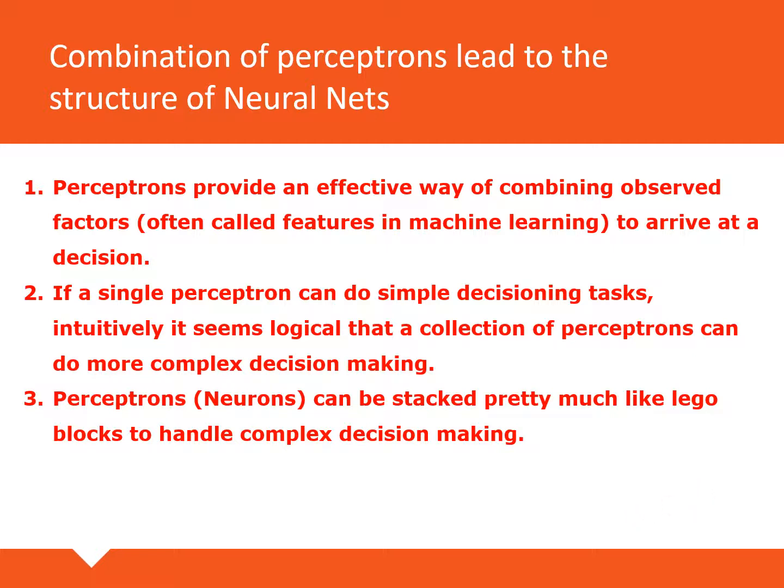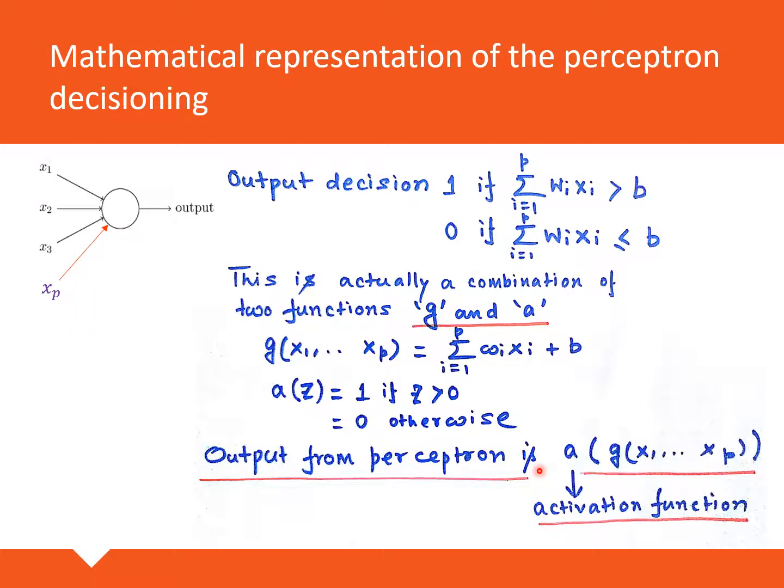Now, before we conclude this discussion, this video, there's one thing that I'll quickly touch upon, and it will also clarify whether to call these individual units, the fundamental building blocks, perceptrons or neurons. Okay, so to be able to do that, we will first look at a mathematical representation of the perceptron decisioning. So how does a perceptron do decisioning? Can we represent it mathematically?